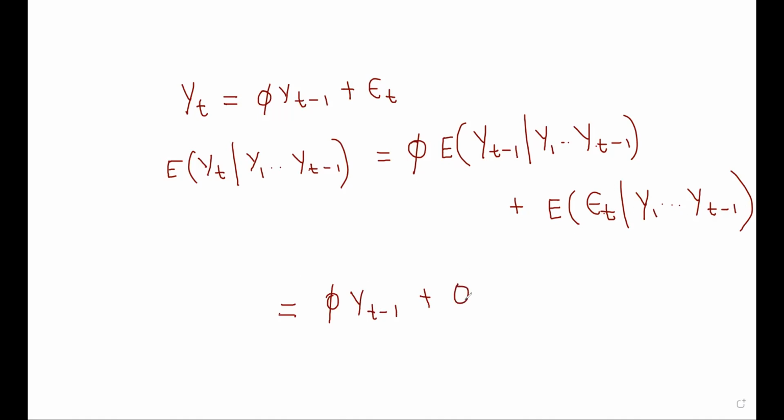Well, that's simply 0, equal to the unconditional expectation. Remember, today's randomness is independent of what happened till yesterday. That's our exogeneity assumption in this time series scenario. Your epsilon t must be independent of yt minus 1, and that's also intuitively obvious, as we discussed yesterday. So this is simply phi yt minus 1.